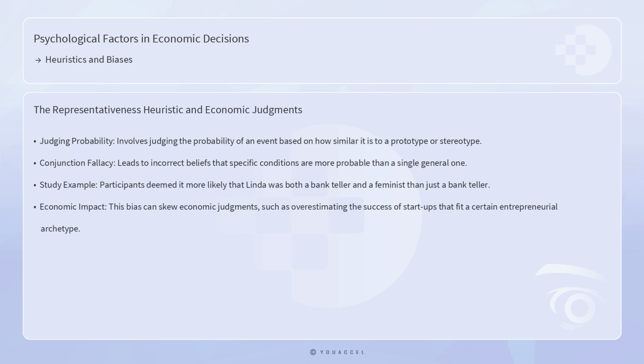For example, when presented with a description of Linda that fits the stereotype of a feminist, participants in a study by Tversky and Kahneman deemed it more likely that Linda was both a bank teller and a feminist than just a bank teller, despite the latter being statistically more probable. This bias can skew economic judgments, such as overestimating the success of startups that fit a certain entrepreneurial archetype.